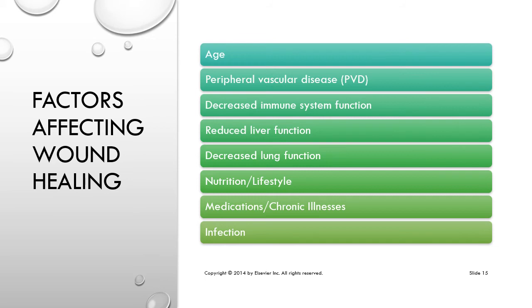Decreased immune function, antibodies and monocytes necessary for wound healing, and also the platelets and other blood cells will be decreased and can affect the oxygen delivery. Reduced liver function. There we have impairment of synthesis of the blood and clotting factors. Reduced lung function. Then we're having reduced oxygen that's needed to synthesize the collagen and new epithelium.